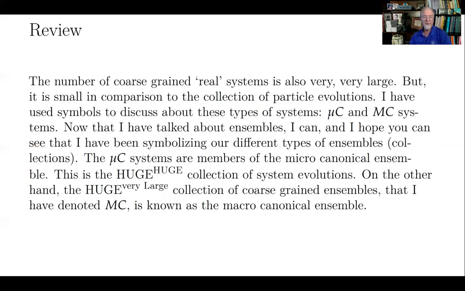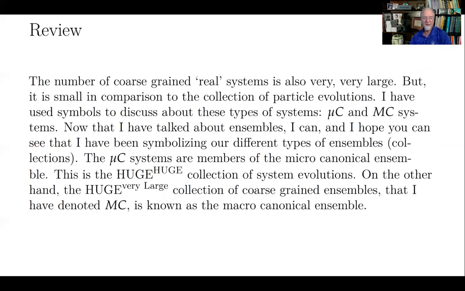During the work that we had done, I've been using two types of system, mu-c and m-c, and I talked about ensembles, that is how you take a look at all of the actions that are going on.